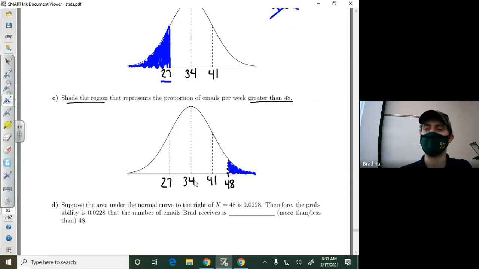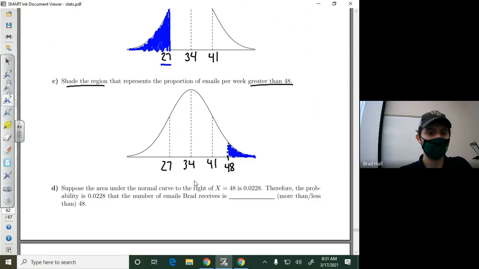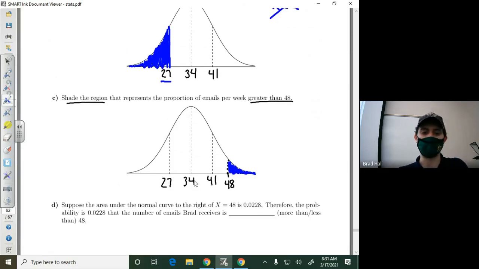So this is in relation to part C. Suppose the area under the normal curve to the right of 48, just like what we did, is 0.0228. How do we get that number? Don't have to worry about it. They're just giving you the area under the curve. Therefore, the probability is 0.0228 that the number of emails Brad receives is more than or less than 48.